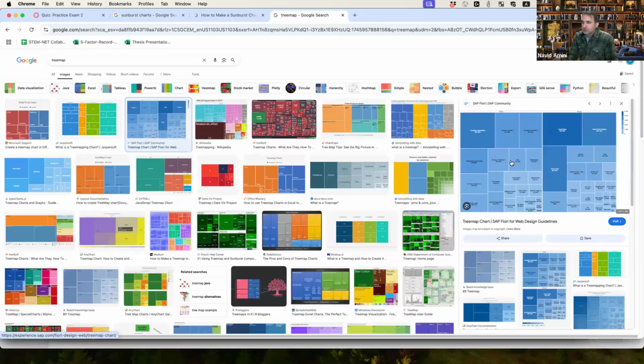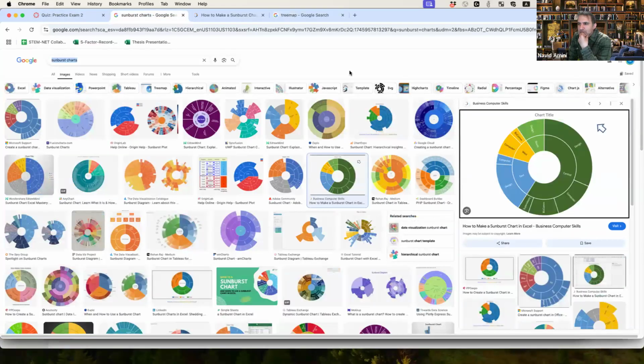You go in level 2, level 3, so on and so forth. But the initial rectangle that you draw is the amount of real estate that you are considering for your tree map. Whereas with sunburst chart, the assumption is that it goes all the way to infinity. So if you want to add more layers, the circle becomes larger and larger.